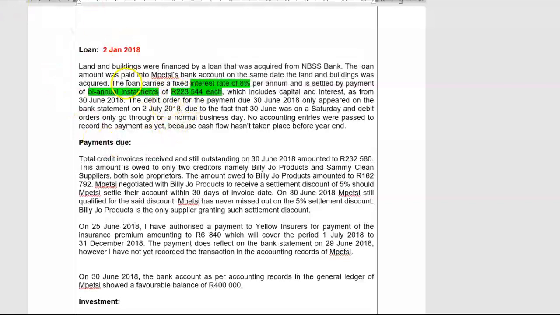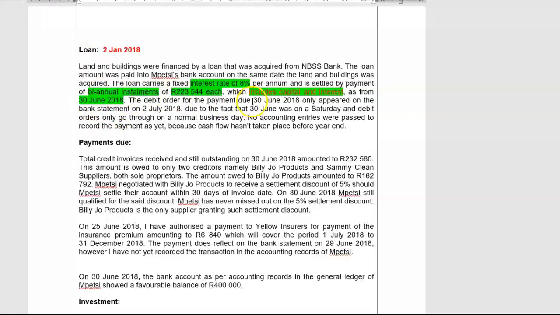So twice a year we're going to pay them an amount of 223,544, which includes capital and interest, as from 30 June 2018. So the first payment was supposed to take place right at the end of the current financial year.